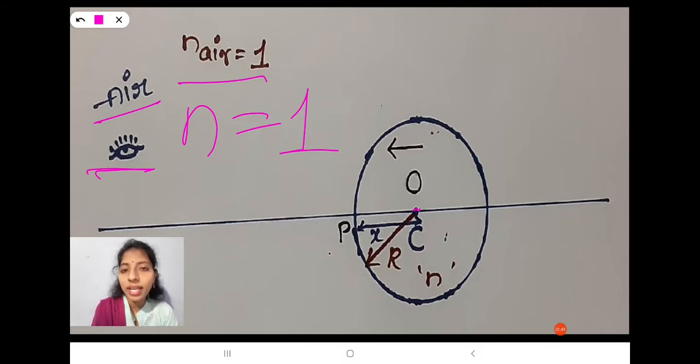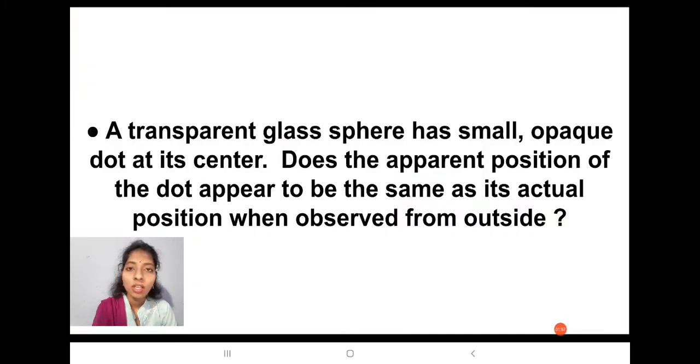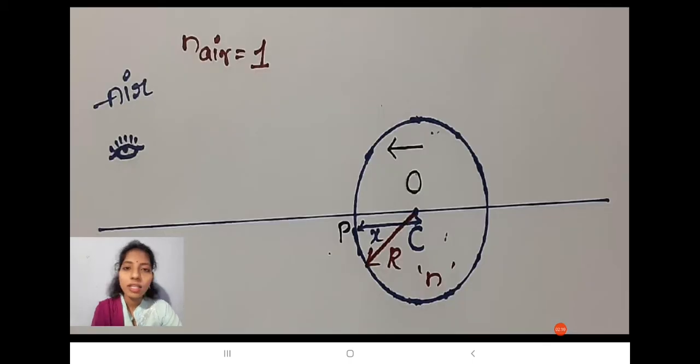The refractive index of the sphere is n, and the radius of curvature of the sphere is R. So here they are asking, does the apparent position of the dot appear to be the same as its actual position when observed from outside? So where is the object? Here, at the point of the dot, the object is placed.